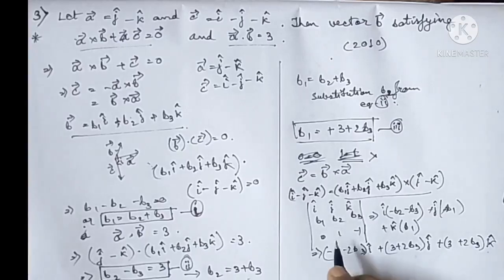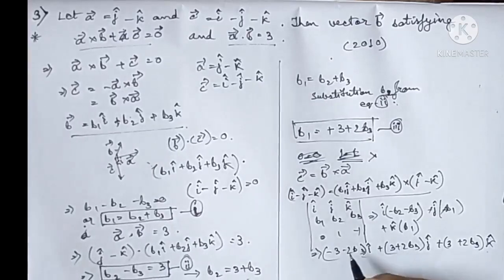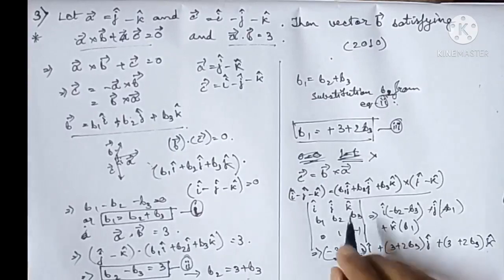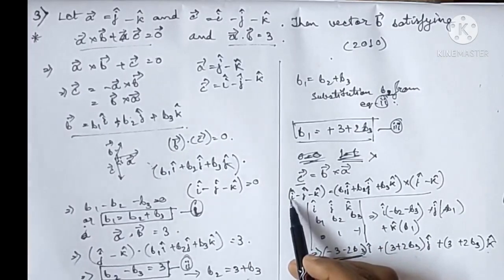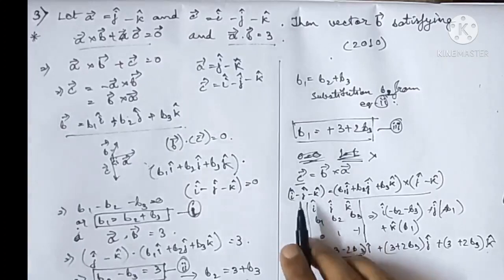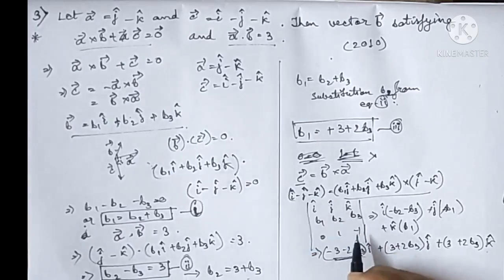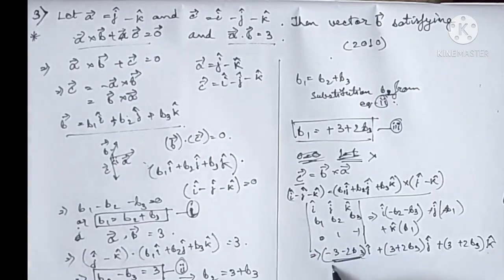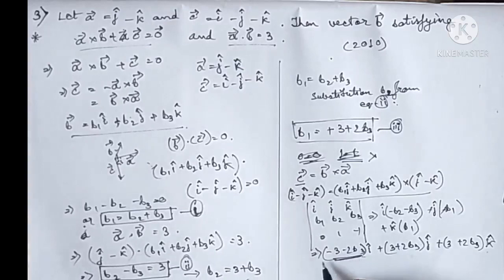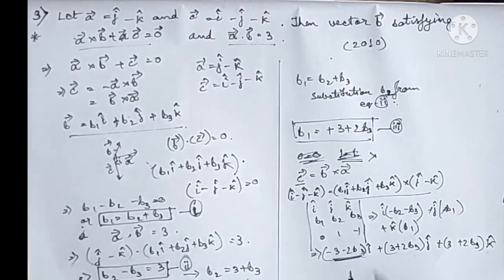So see, now this term should equate to the i component of the c vector, I mean the x component of the c vector, sorry. So that would be 1. So let's just equate this one only, any one we can equate, and we will get the same value of b3.